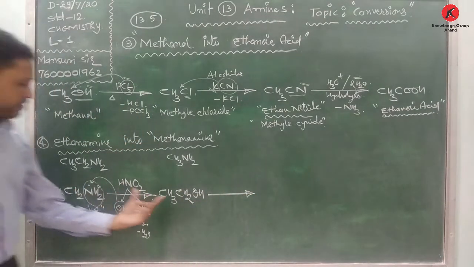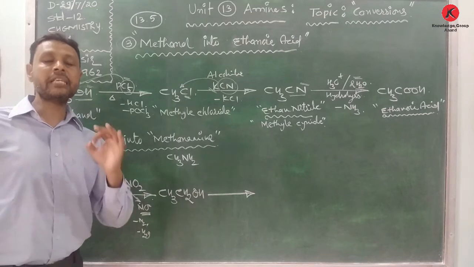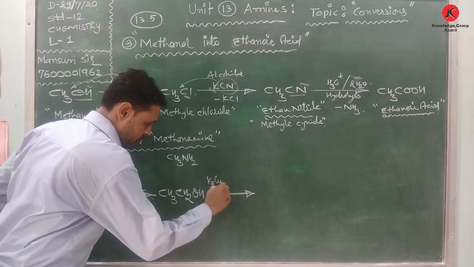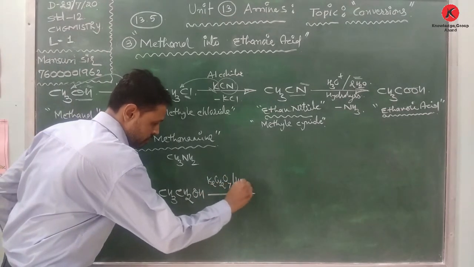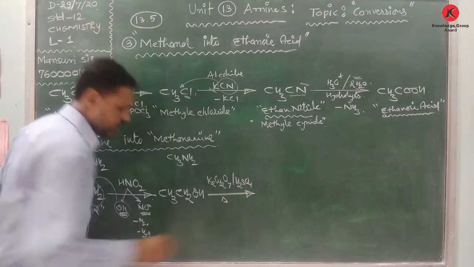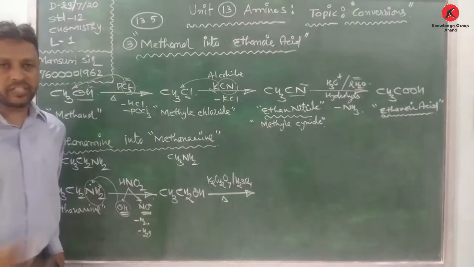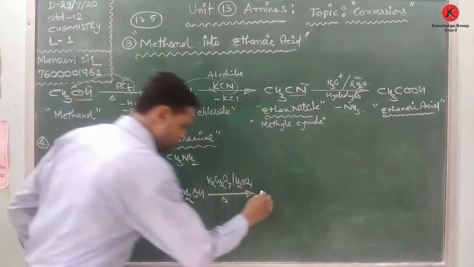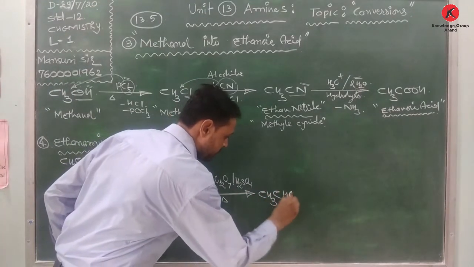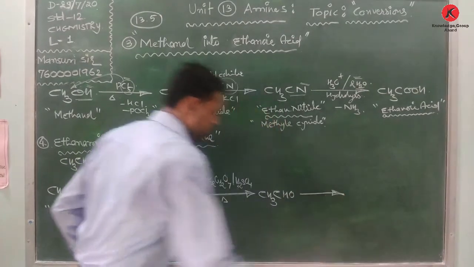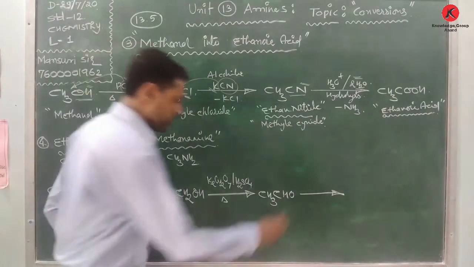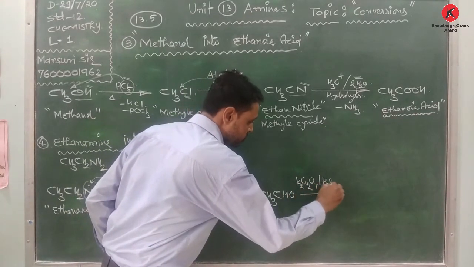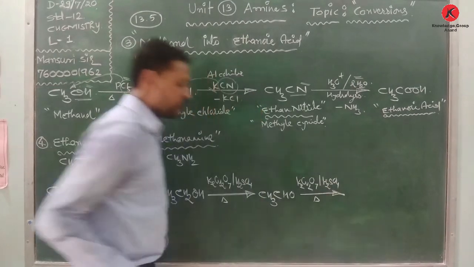You know very well that when ethanol reacts with acidic K2Cr2O7, this alcohol, which is primary, is converted into ethanal, that means aldehyde. Thereafter, when it reacts with the mixture of K2Cr2O7 and H2SO4, then what will form?